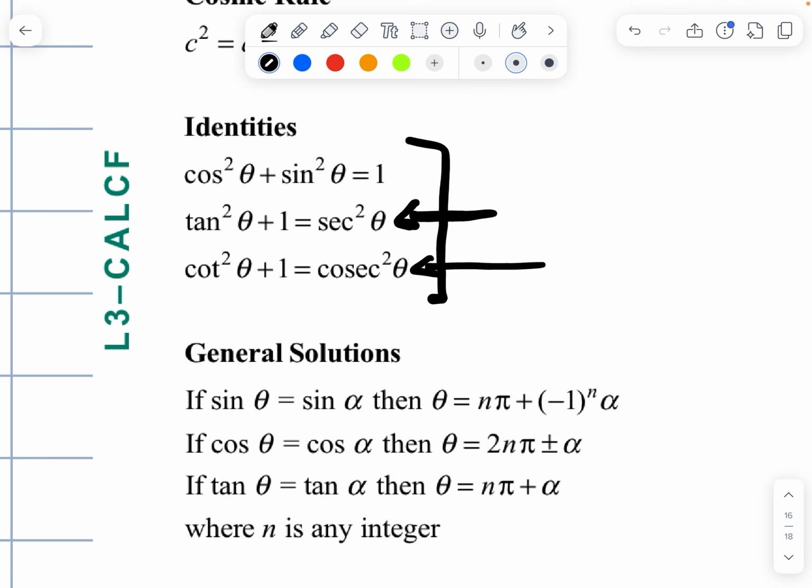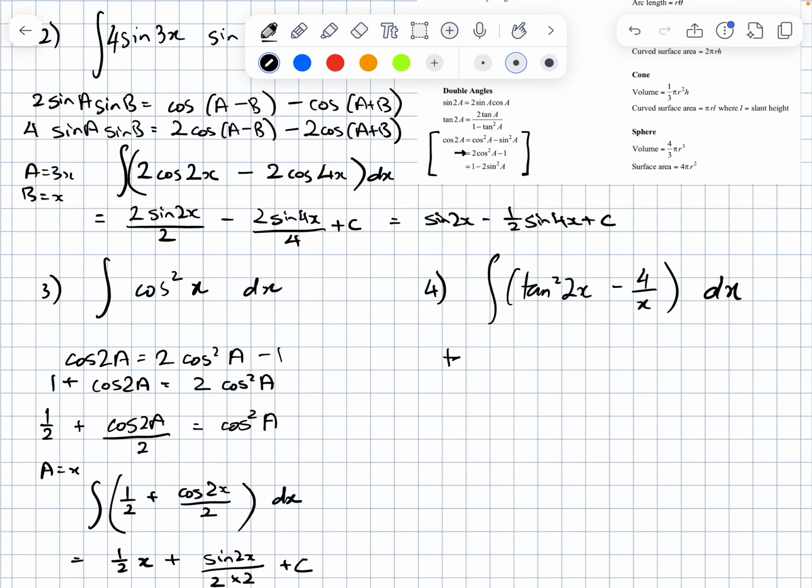Cot squared doesn't have a direct integral, but cosec squared does. So I'm going to use that identity, tan squared theta plus 1. Firstly, I know that tan squared theta plus 1 is equal to sec squared theta, which means that tan squared theta is equal to sec squared theta minus 1, which means I'm going to integrate.